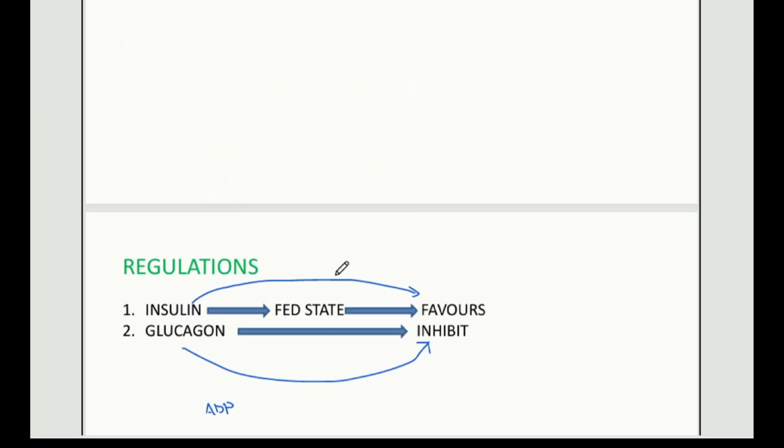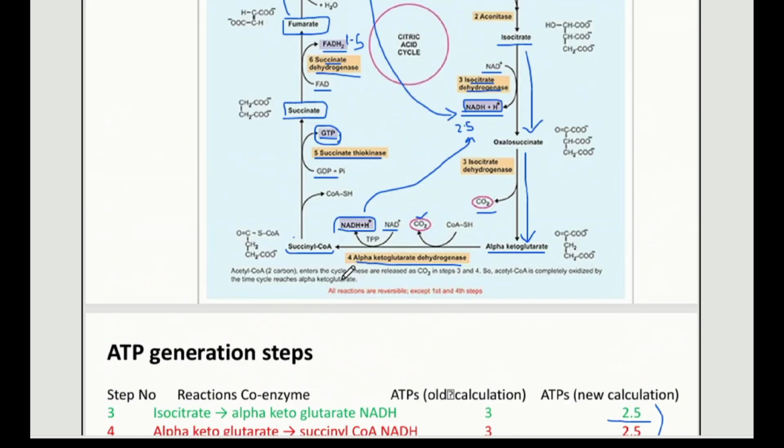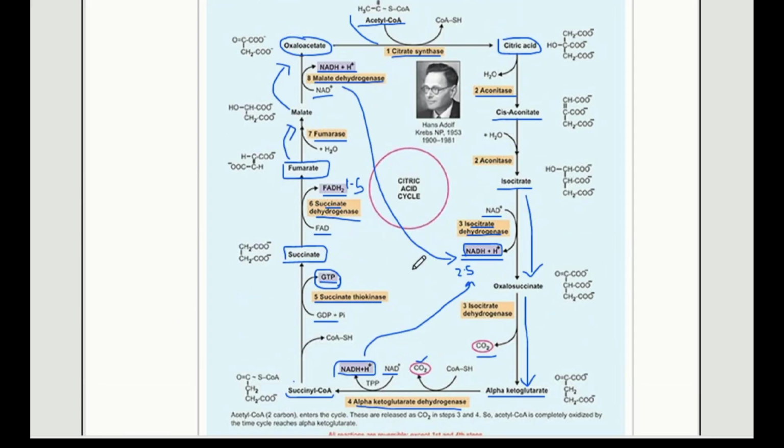TCA cycle is known as amphibolic pathway because both the catabolic and the anabolic pathways are going on here. TCA cycle is both catabolic and anabolic, so it is known as amphibolic pathway.